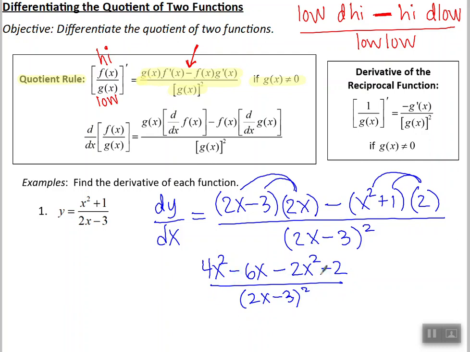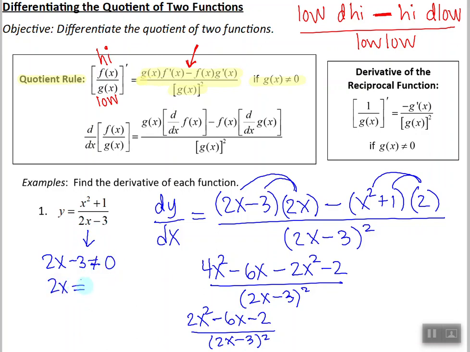Then we can combine like terms, so we get 2x squared minus 6x minus 2 over 2x minus 3 quantity squared. Now, of course, this only works as long as the denominator is not 0. So we don't want that denominator to equal 0, which means x cannot equal 3/2.